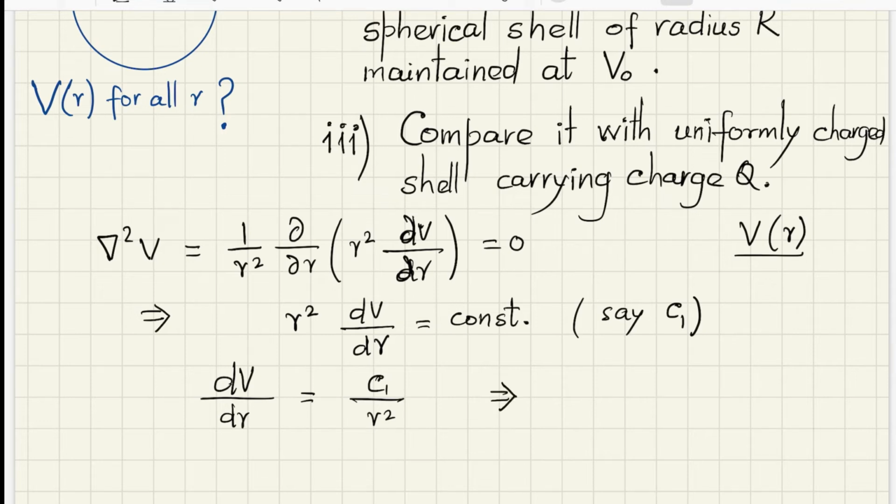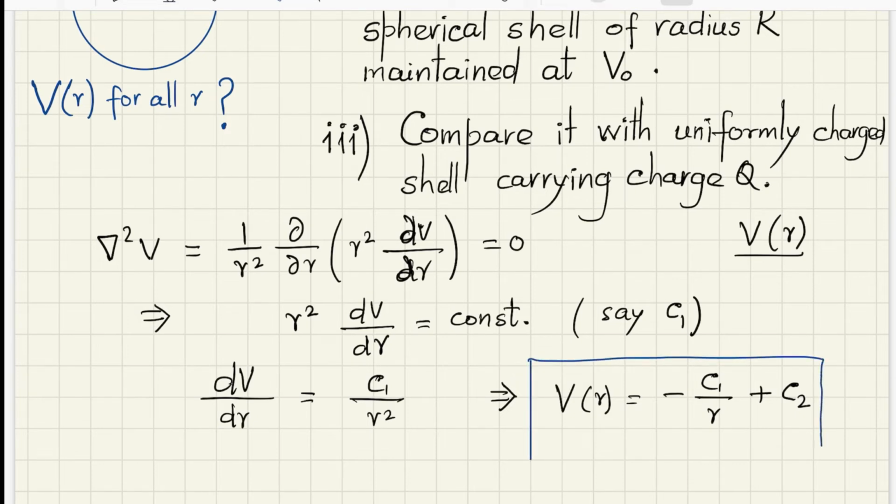And this would imply that V of r is minus C1 by r, just integrating, plus an integration constant C2. Hence, if the potential is ever spherically symmetric, this is the general solution. I'm yet to apply the boundary conditions.